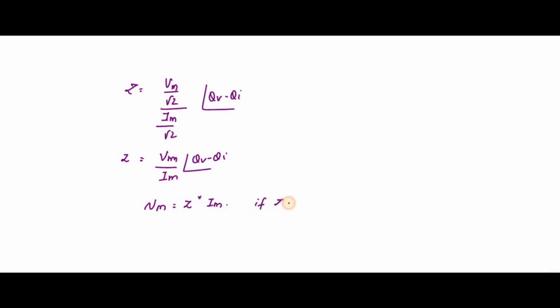If Z value is negative, then definitely Vm is less than Im, which means I is leading, that is, the current is leading the voltage. So that is why it is called leading. Whenever Z is negative, the V value is less than I, which means I is leading the voltage. So this is also called leading.